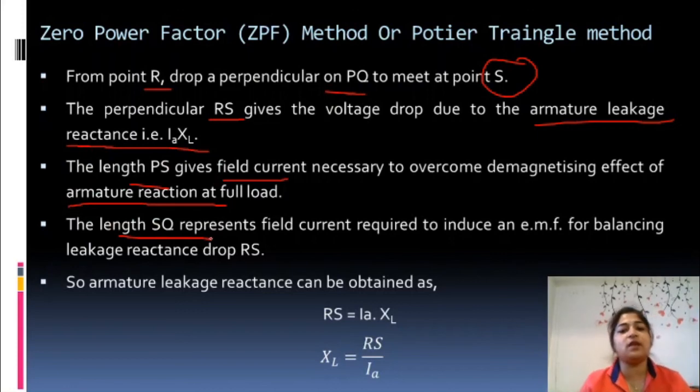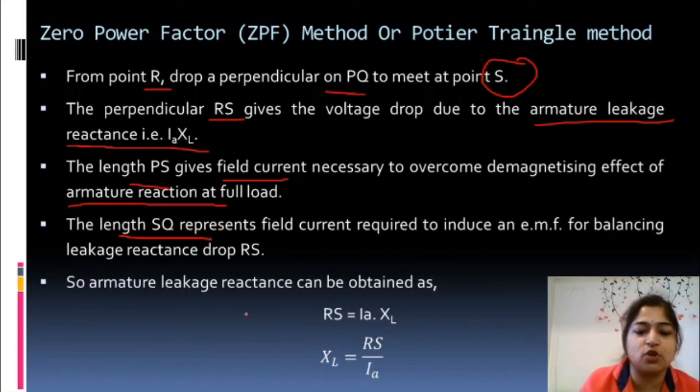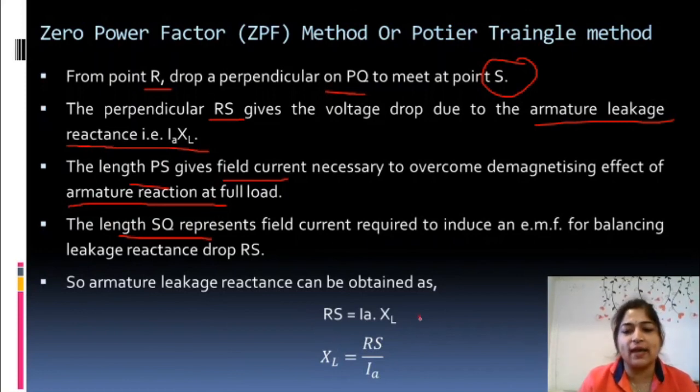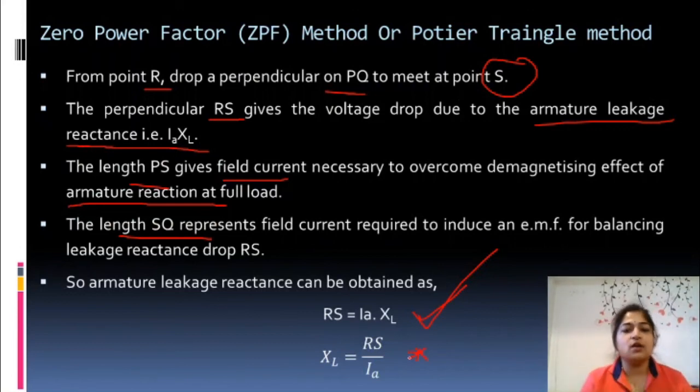SQ represents the field current required to induce an extra EMF for balancing the leakage reactance drop, that is IA XL. We know that RS is equal to IA XL, and from this you can get the value of XL, where XL is equal to RS upon IA, and the IA value is known to us. Clear? So this is how you can get leakage reactance by using zero power factor characteristics.